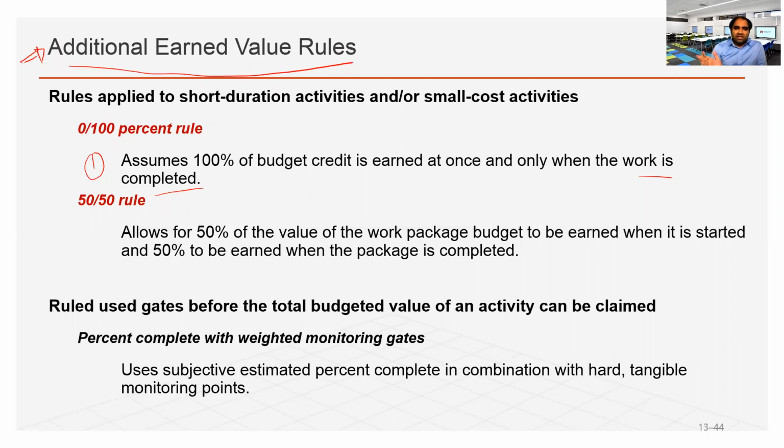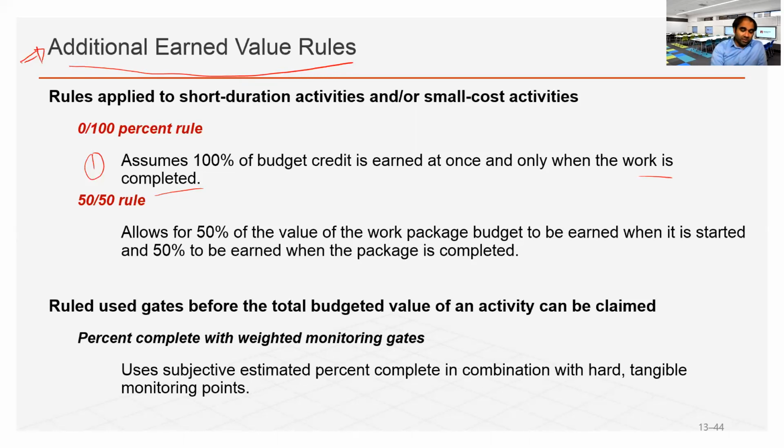The 50-50 rule allows 50% of the value of the work package to be earned when work starts, and the rest when it is completed. As you can see, with 0-100%, unless we have 100% completion, we cannot have the actual number. So these are not precise. The percent complete rule is obviously the best option, but in specific cases the 0-100% rule or the 50-50 rule is applied.